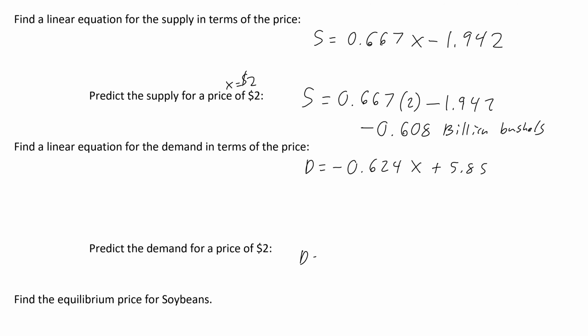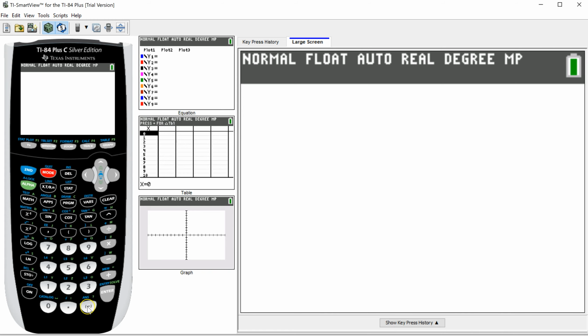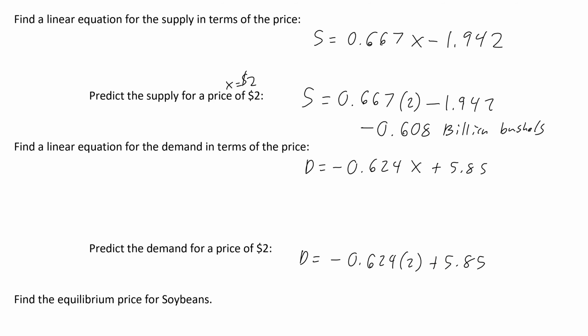So now if we plug in $2, it'll tell us the demand in billions of bushels for $2. So negative 0.624, hit second, quit, negative 0.624 times 2 plus 5.85.